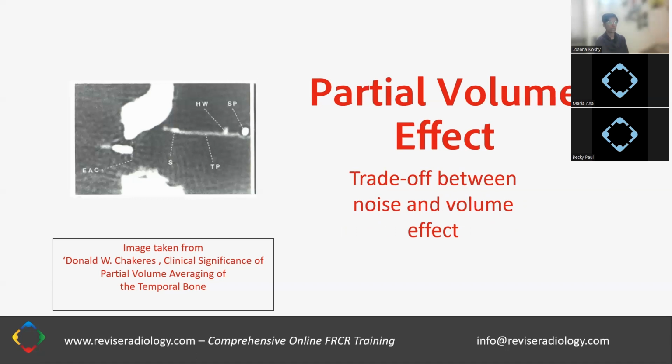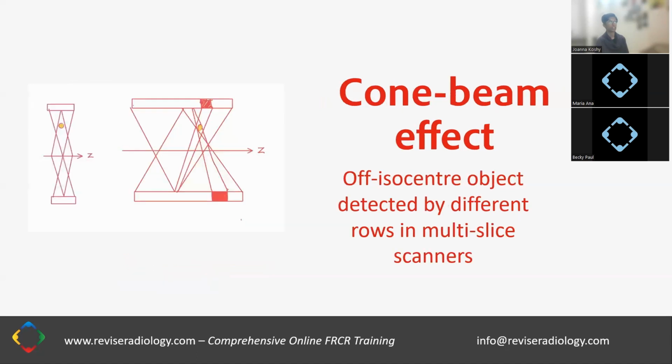The noise increases as the slice thickness decreases, but the volume effect decreases. So you have to find the fine balance at which the slice is thin enough that the volume effect is minimal, and the noise is also such that you can still read the image clearly. So that parameter has to be decided before we work on the partial volume effect.